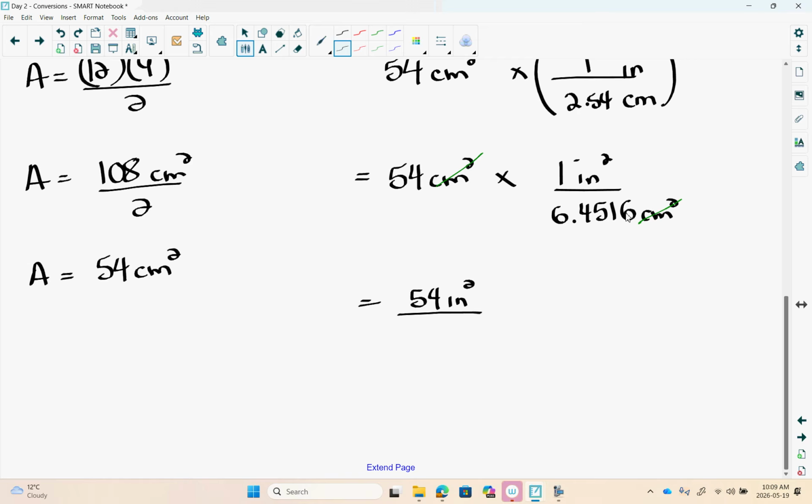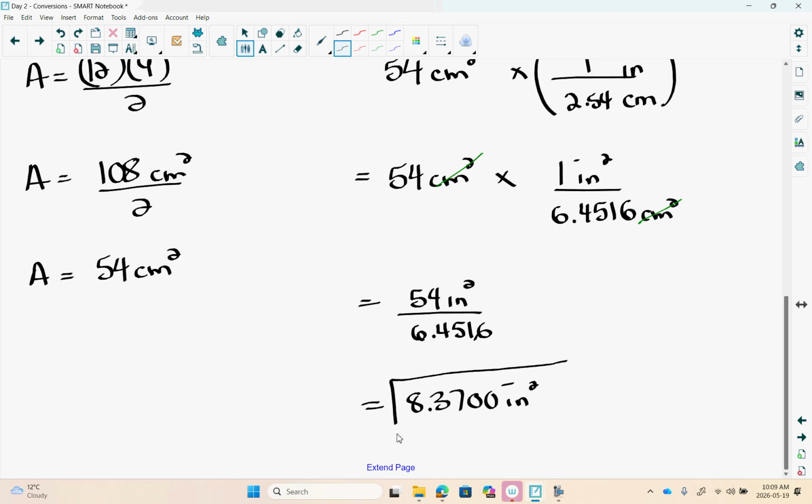And the bottom, 1 times 6.4516 is just 6.4516. Now I divide. 54 divided by 6.4516 gives me 8.3700, and that would be inches squared. That would be the area in inches.